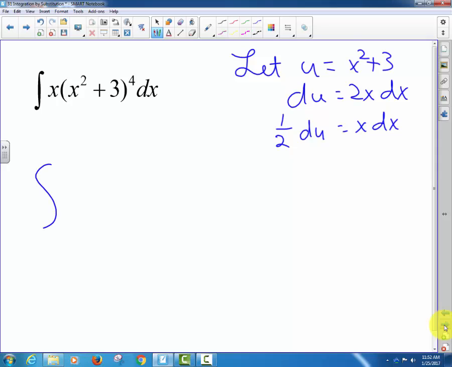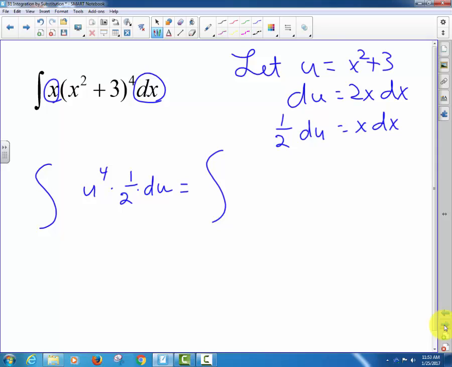We're going to integrate, and in place of the x squared plus 3, we're going to put u to the 4. And then in place of the x dx, what are we going to put? 1/2 du, okay? Now, I wrote it like that, but what's the best thing to do is remember that all of these are really being multiplied together, so I can move them around wherever I want.